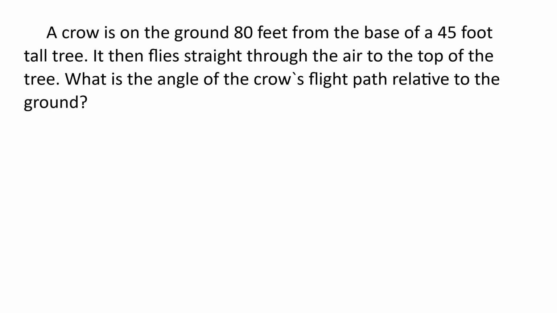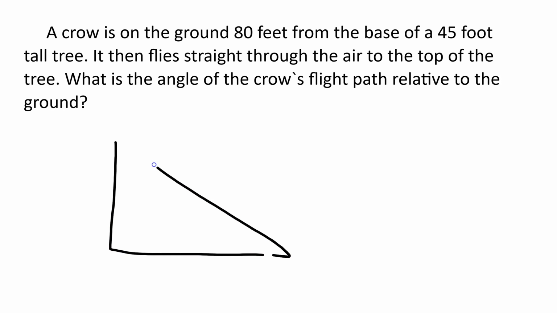Okay, so I call these draw the picture problems because that's basically what you have to do, is draw a picture. So since we're doing right triangle trig, the picture we should draw is a right triangle. So got a right triangle there. Let's read through. It says a crow is on the ground. So here's our crow. It's got little wings there and little feet and kind of looks like a person now, but it's a crow.